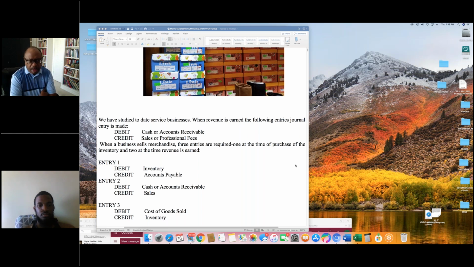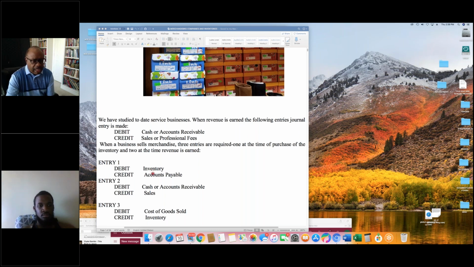When we sell merchandise, there are 3 entries involved as opposed to 1. There's the first entry where we buy the item. And so we debit inventory and credit accounts payable when we buy the item.